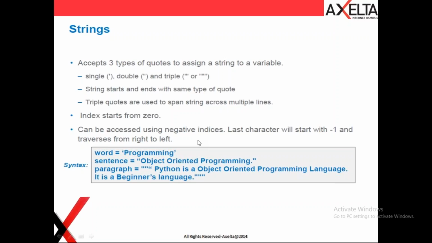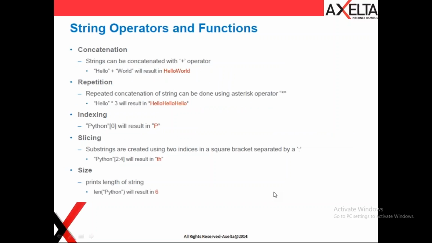Suppose you want to access the strings in reverse order from right to left, then still you can access by making use of -1. So -1 gives you the last character in that string. -2 will give the second last character in that string. Is it right? Any doubts? Okay, so fine. So this is something about strings.